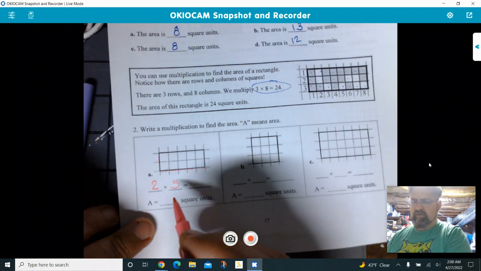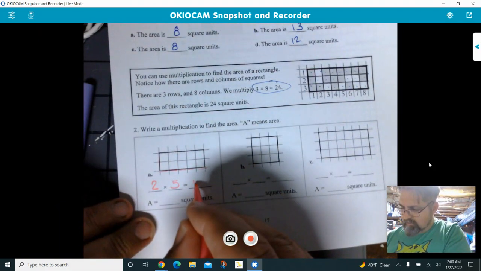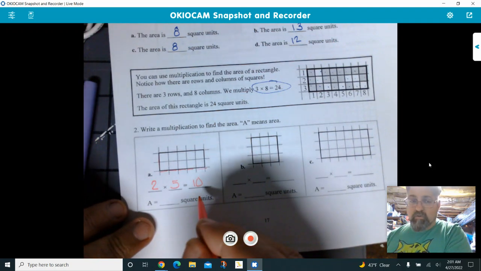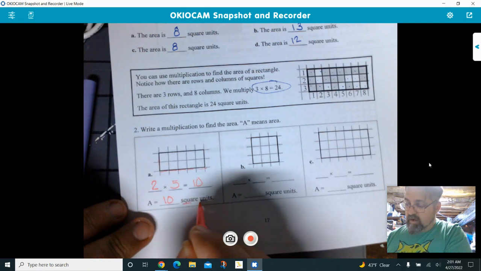What is 2 times 5? One more time. Say it loud, Mason. 10. Thank you. So guess what our answer is? 10 square units.